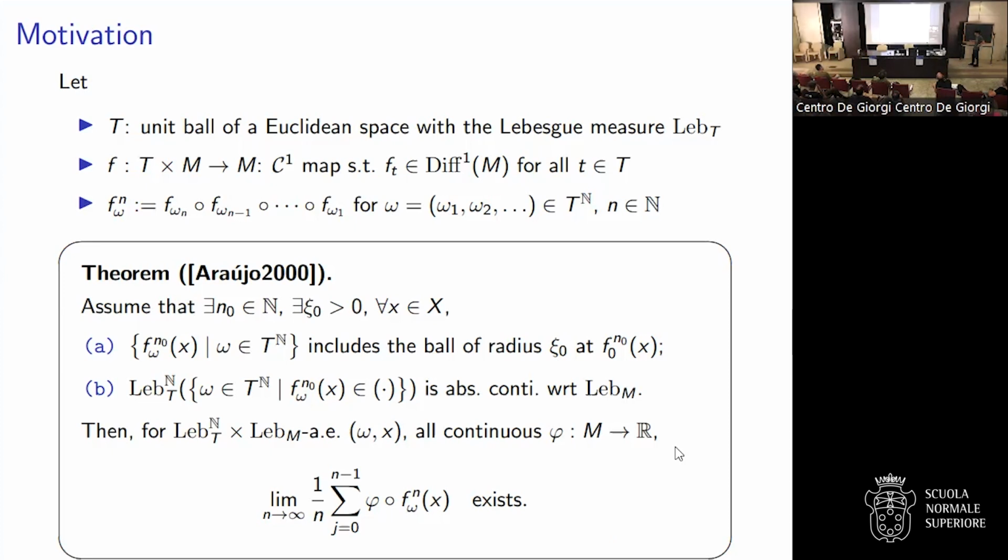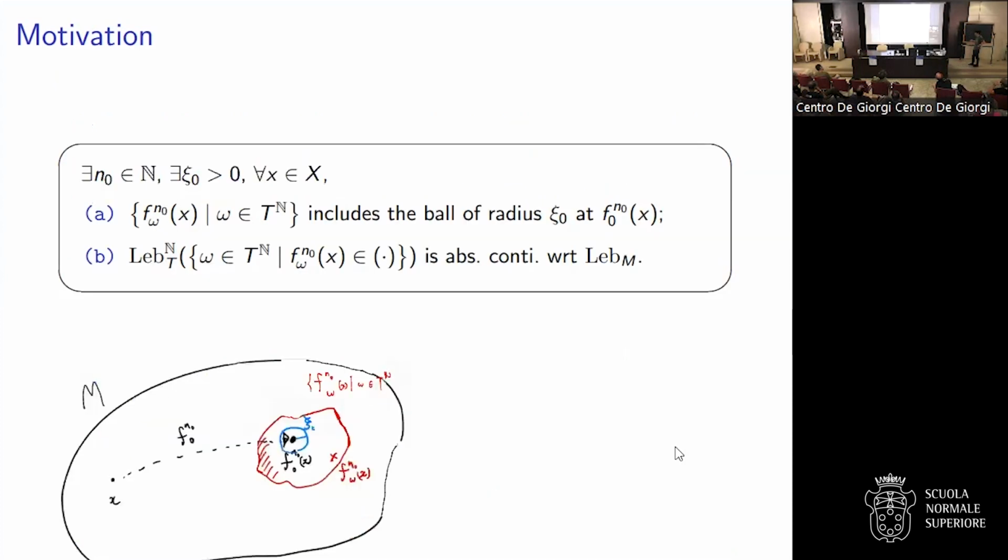So I want to expand these two conditions. The first condition A says that your x maps to, maybe, this black point, and if you consider a perturbation of this point, like f_{n,ω}(x), the point is a little bit different, and you consider all realizations of this perturbation.